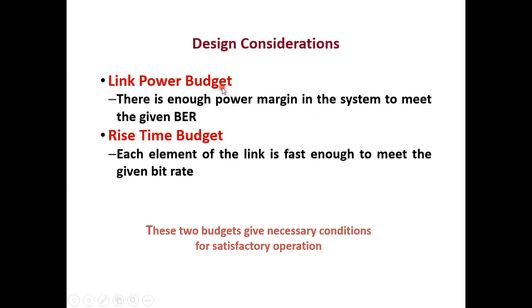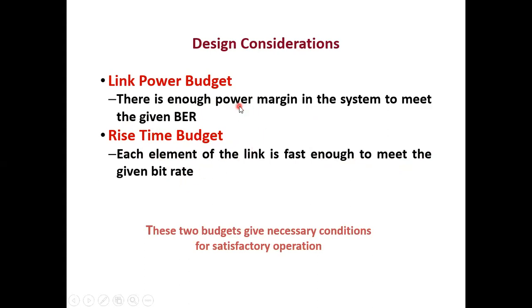Once I do the power budgeting, then I design the system. You have selected the component, you have selected the fiber, the transmitter, the receiver. Then I have to do a rise time budget analysis. So what I do in rise time budget analysis, I have to check the response of the system. So each element of the link should be fast enough to meet the given bit rate.